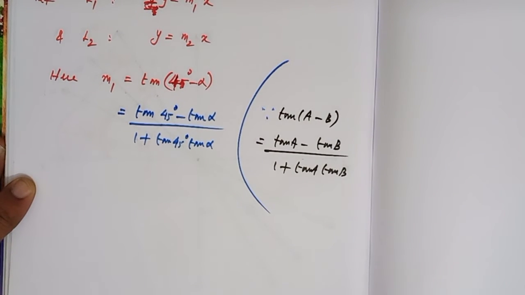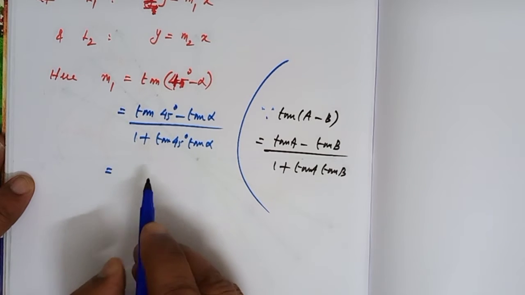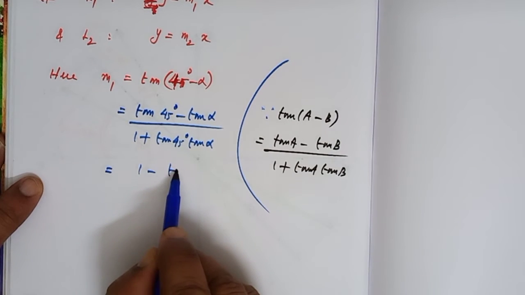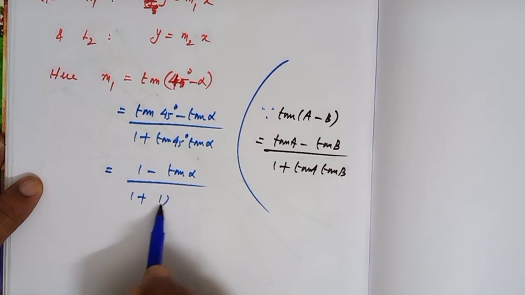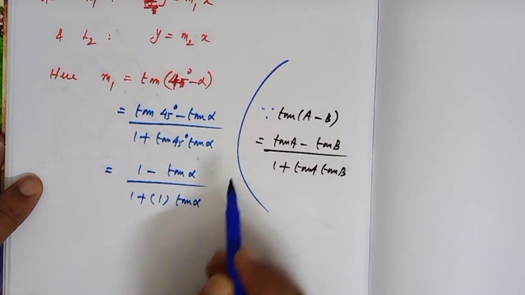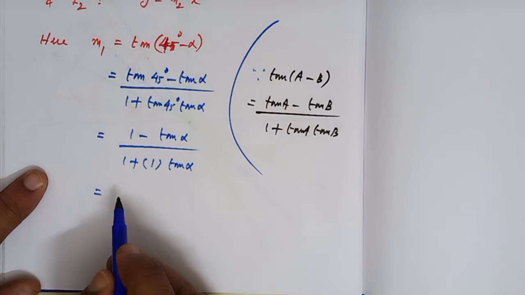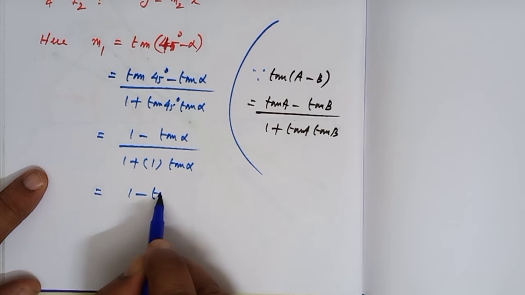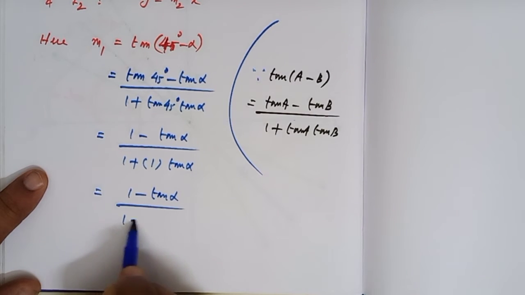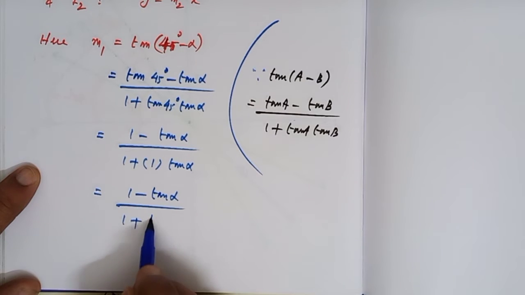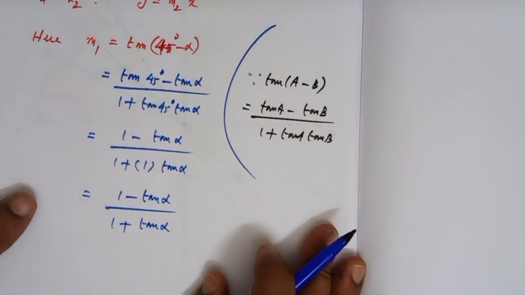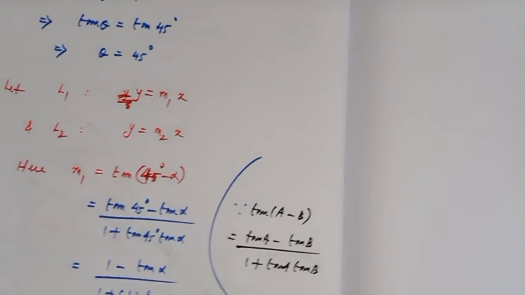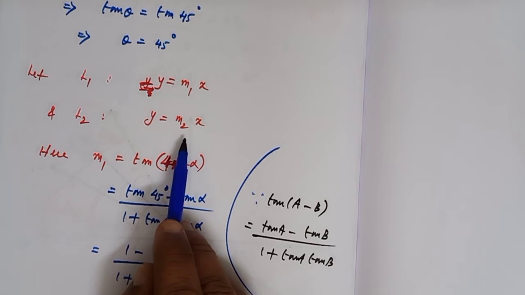I am going to simplify. tan 45 is 1, so it is 1 minus tan alpha divided by 1 plus 1 into tan alpha. Let it be. Now m2 is the slope of the second line.